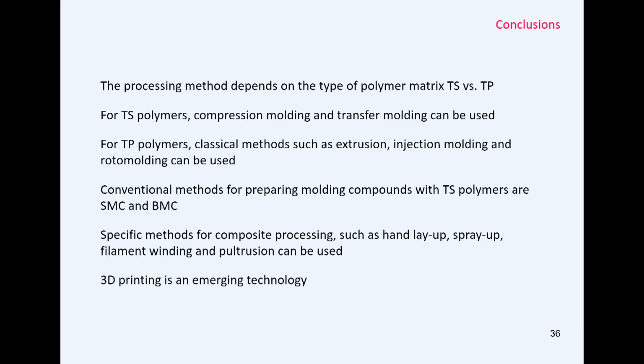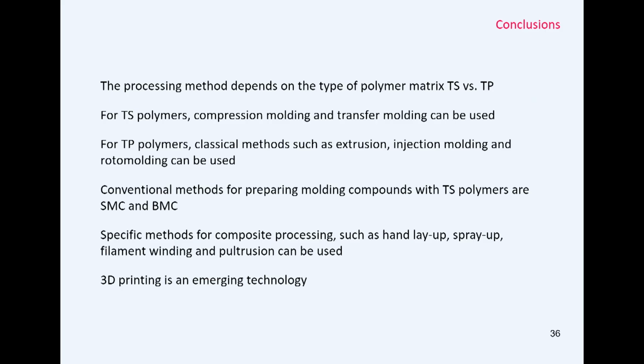The processing method depends on the type of polymer matrix, thermoset or thermoplastic. For thermoset polymers, compression molding and transfer molding can be used. For thermoplastic polymers, classical methods are extrusion, injection molding, and rotomolding, but there are many others.